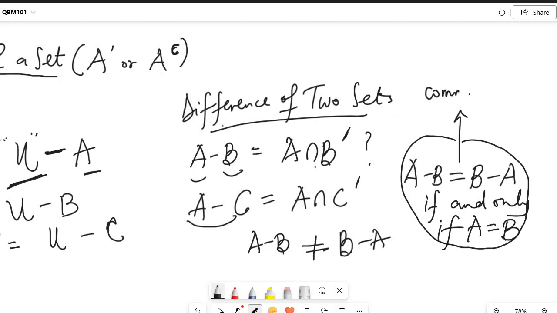Generally this operation, difference, is not commutative. So take note of that. Okay, now let's move on.